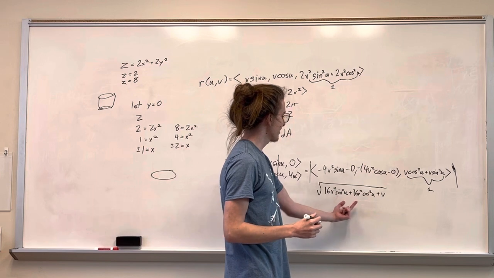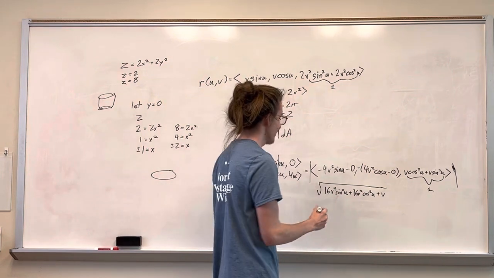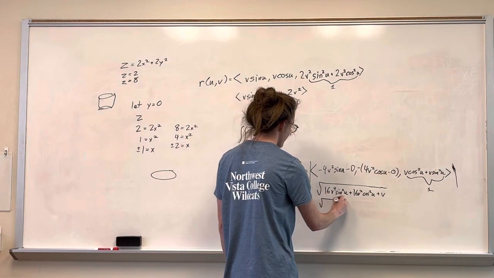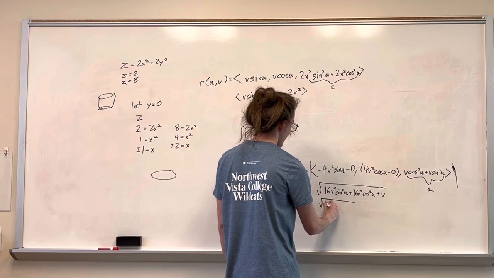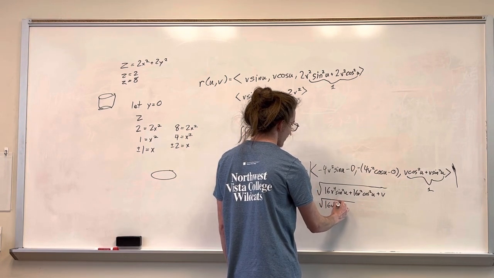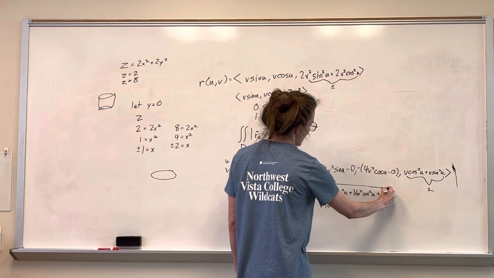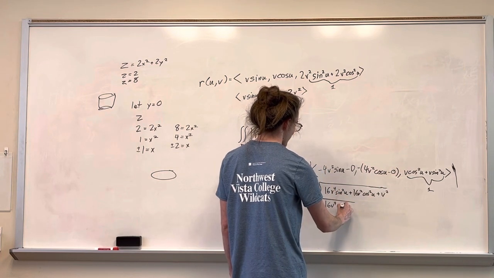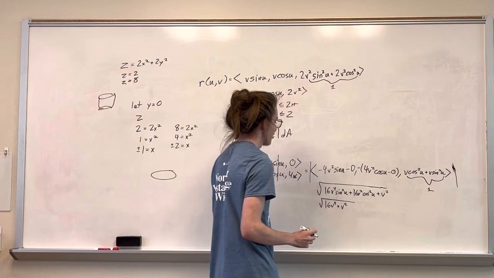And again, this can be simplified down to 16 v to the 4th. Oh, almost forgot to square that, plus v squared.